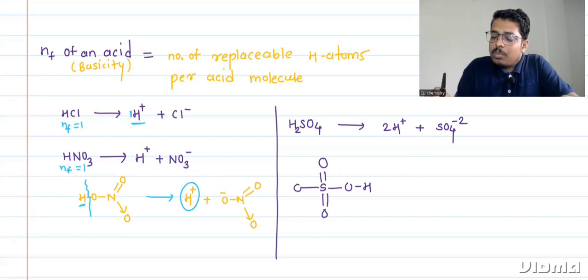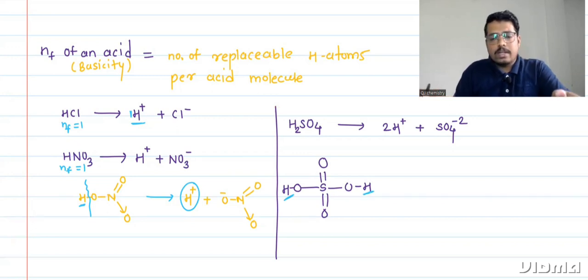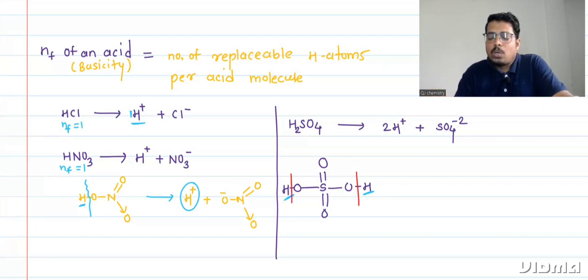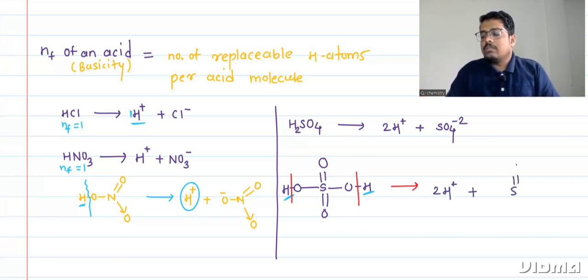Two OH groups are bonded to the sulfur atom, and two hydrogen atoms are there. Both these hydrogen atoms are acidic because they are attached to the more electronegative oxygen atoms. On dissociation of these two O-H bonds, we'll get 2H+ ions in the solution, plus sulfate ion formation takes place.